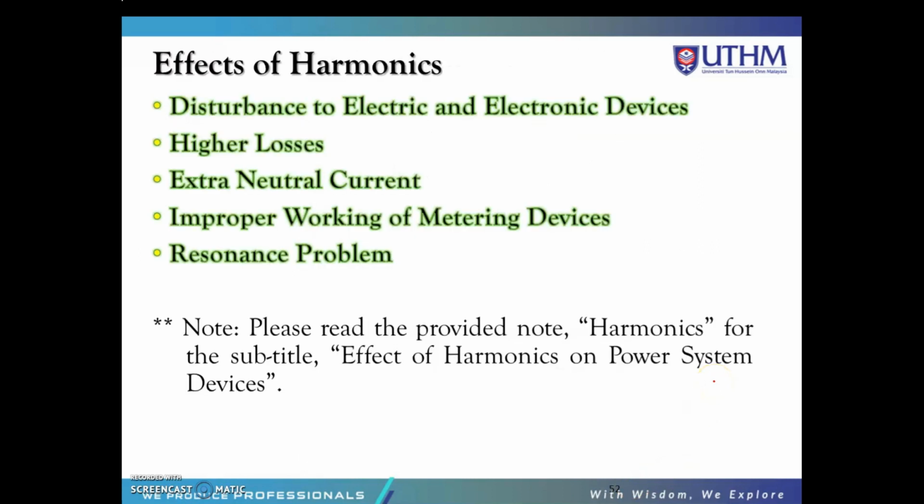Okay, so the effects of the harmonics. Some of the effects are disturbance to electric and electronic devices, and higher losses because harmonic current circulating in the power system will increase the copper losses and indirectly heat equipment such as generators and transformers.